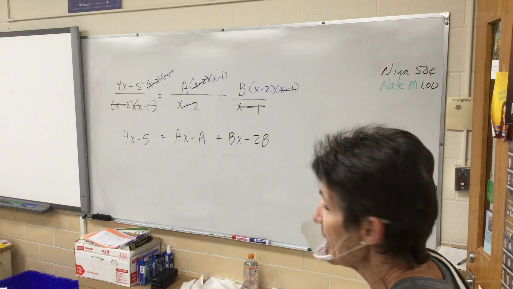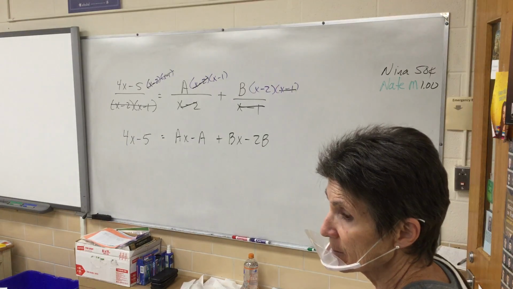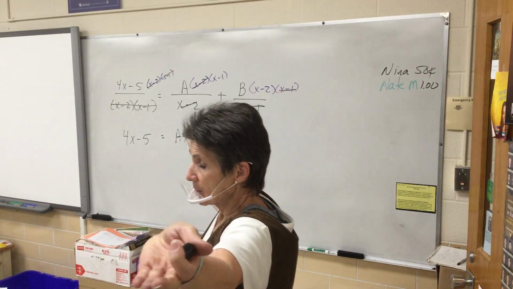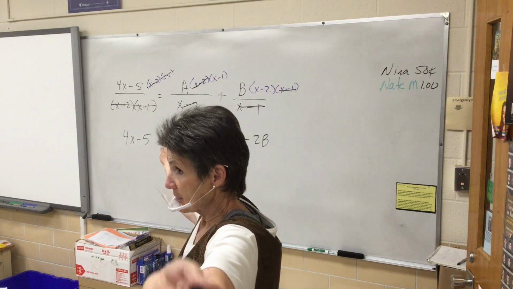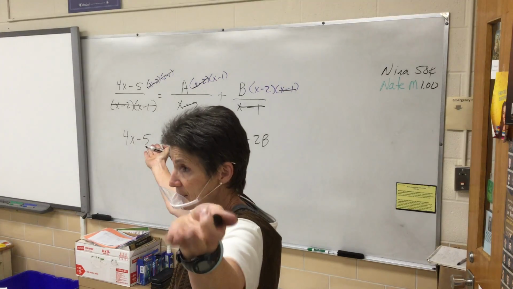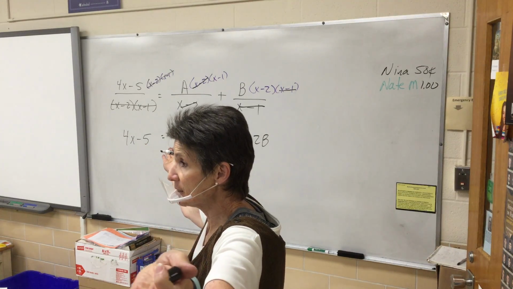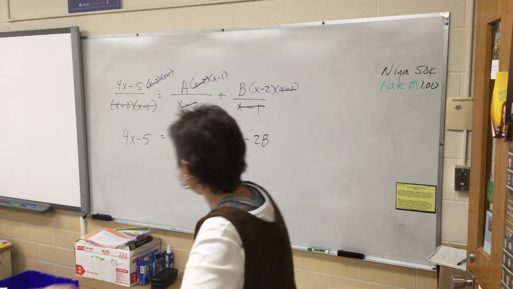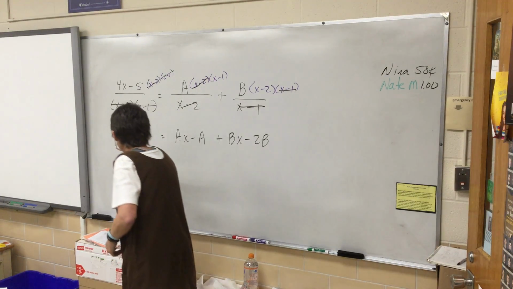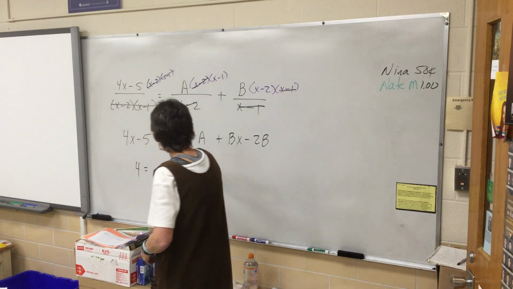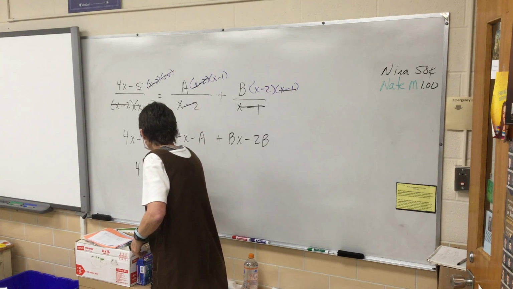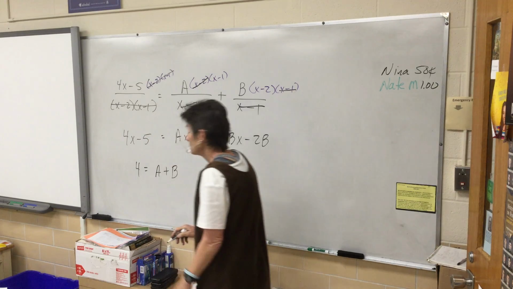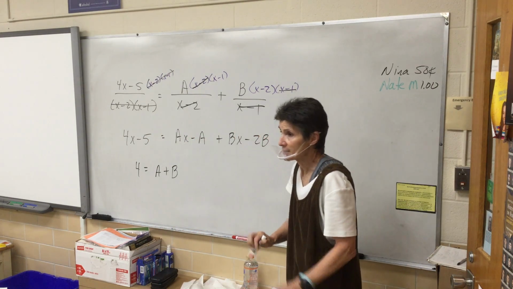Now, that's an equation. It's balanced. So that means however many x's are in my left hand have to match the x's that are in my right hand. So 4 has to match A plus B. That's logic.